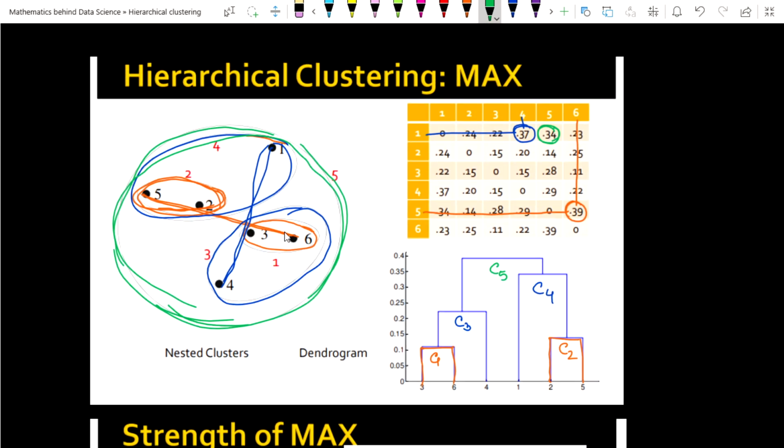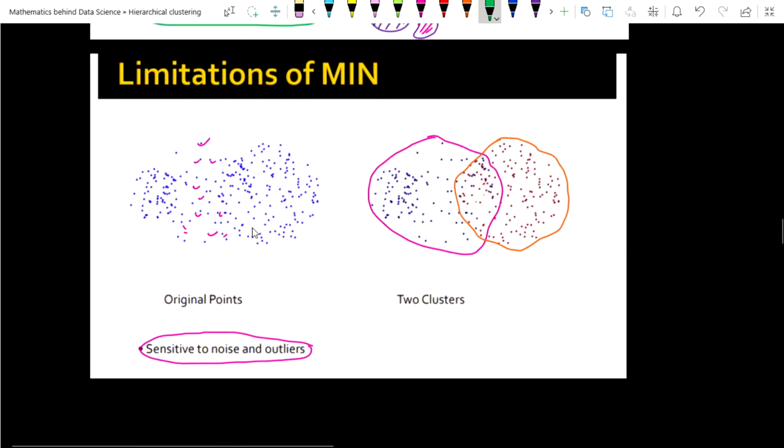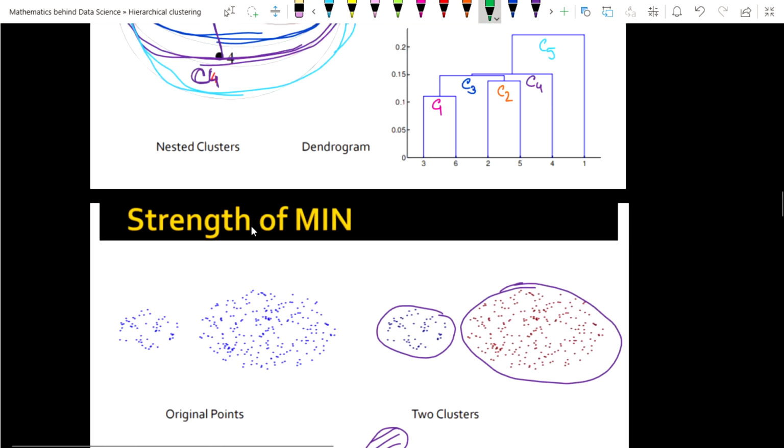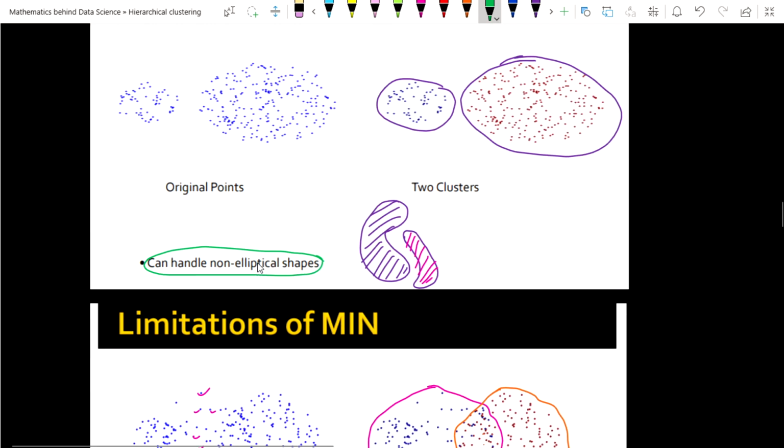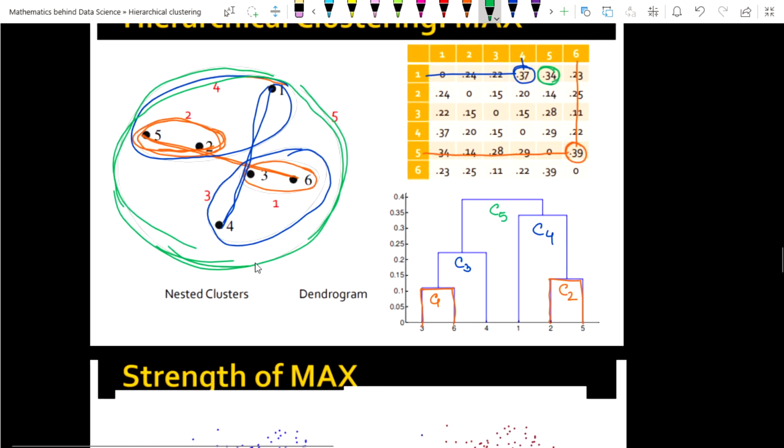So this is the sample. This concept is called the single concept. First using the single point, we have to merge one by one. In max, we have to consider the complete one, then we have to split it.